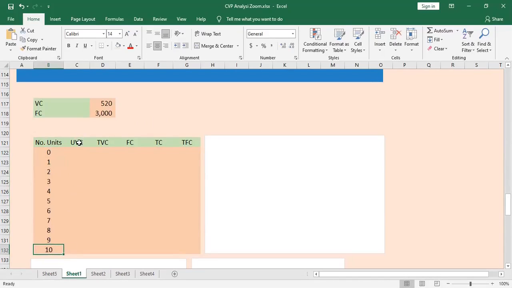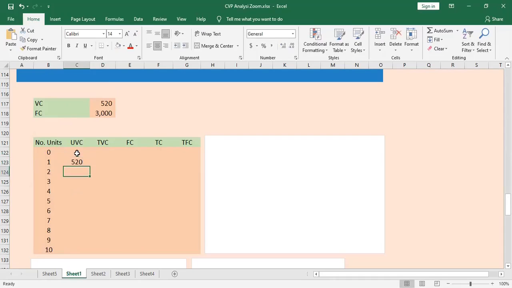And here is the unit variable cost. We know that the unit variable cost is 520, so I'm going to put 520. When you are producing 0 units, there's no cost. When you are producing 1 unit, 520.